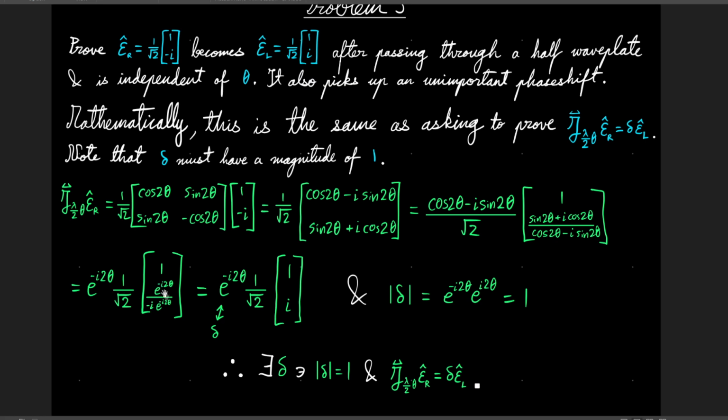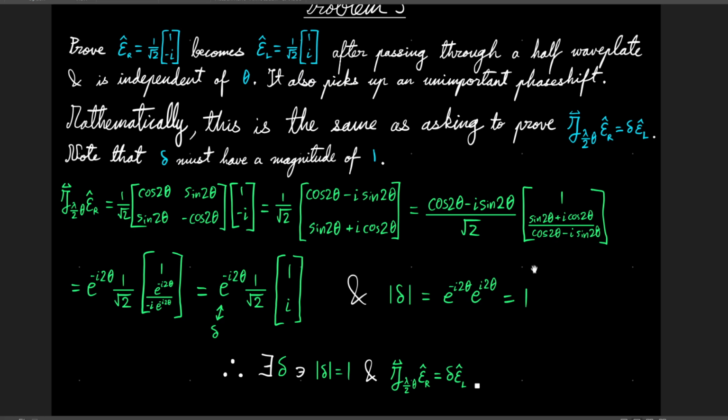It simplifies like this, where you get 1 over negative i, which simplifies to i. So you can see here we have the left circular polarization vector, and then we have some constant here. And this does have a magnitude of 1, as you can see here.